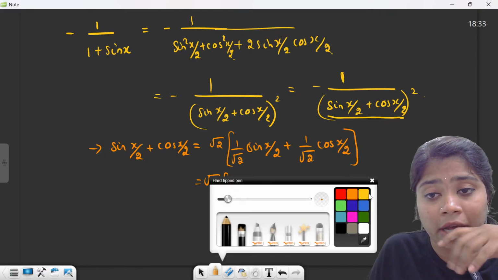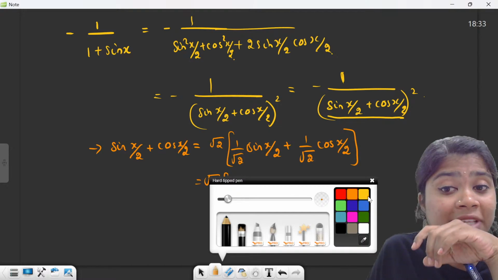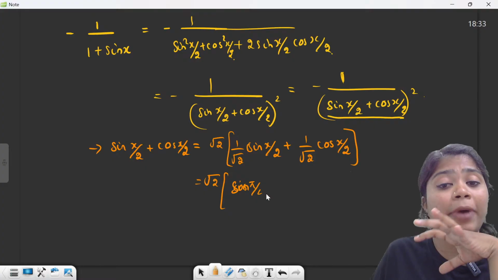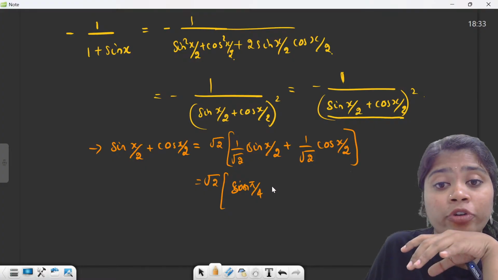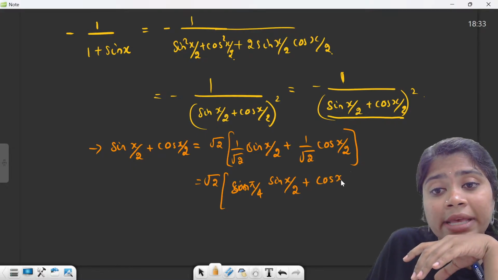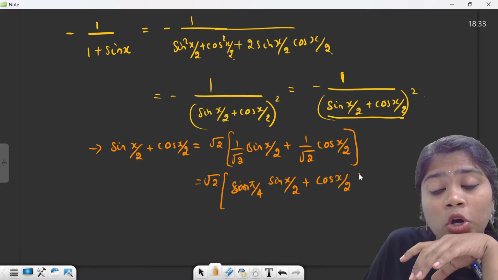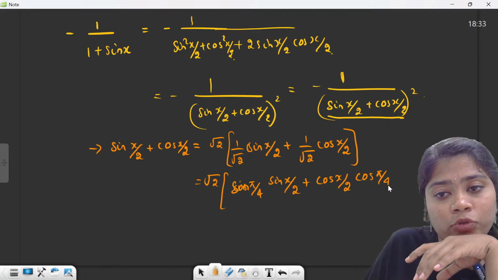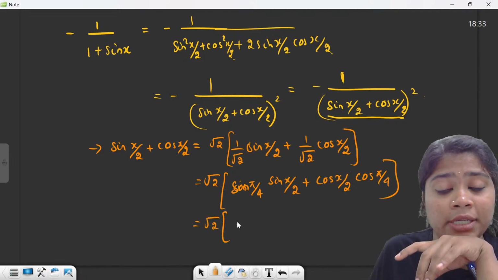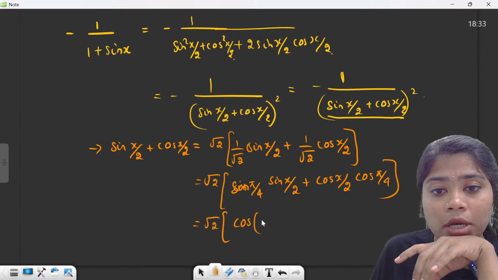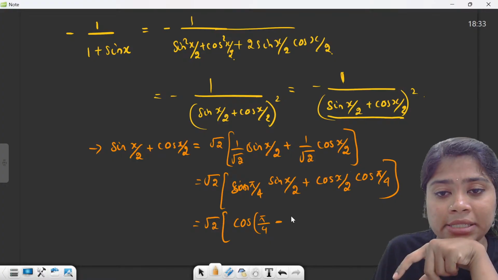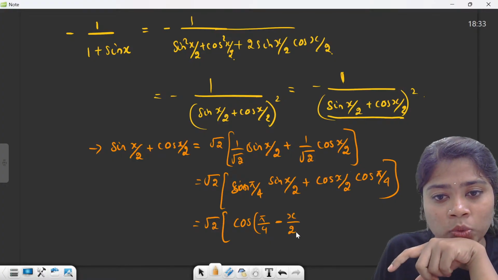Or I can write, I want secant. In terms of secant, I want to write. Okay. So let me change: sin pi by 4 sin x by 2 plus cos x by 2 cos pi by 4. So now root 2, this can be written as cos of pi by 4 minus theta, that is x by 2.